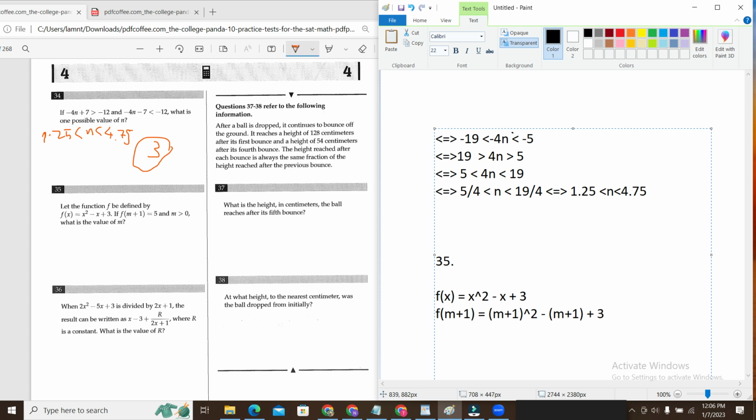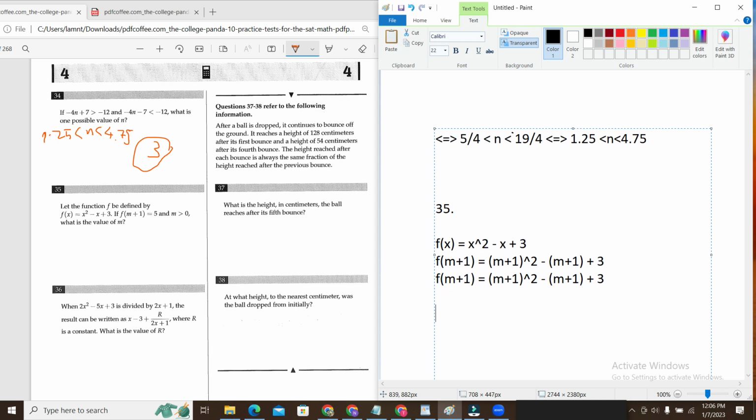Now we're gonna expand this thing. That is m squared plus 2m plus 1, and minus m minus 1, and plus 3.